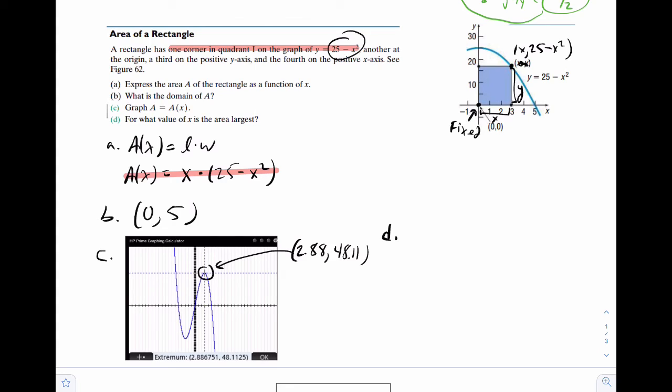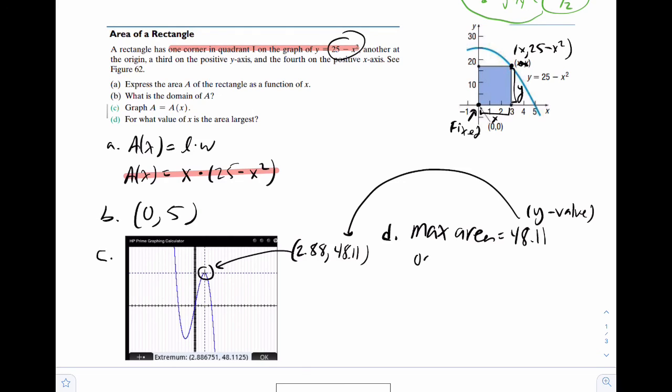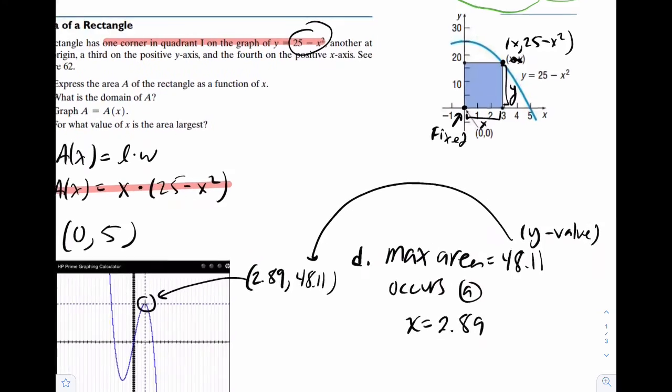So for D, what we're going to put is the largest area, or the max area. That's equal to 48.11. That's your y value. And it's the important part. You're going to write it occurs at x equals, actually around that, 2.89. And that's it.